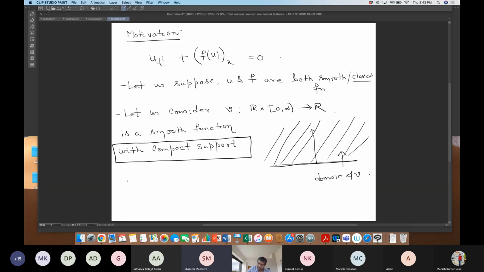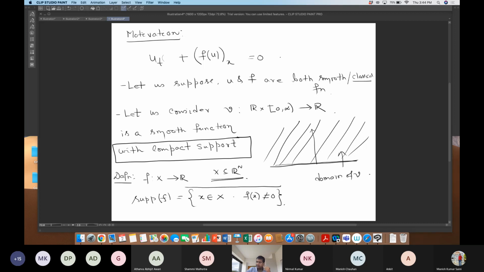Just a general definition. Let f be a function from X to R, where X is any subset of Rn. The support of f is defined as the set of all x belonging to the capital X where f(x) is not equal to 0, and take the closure of that set.